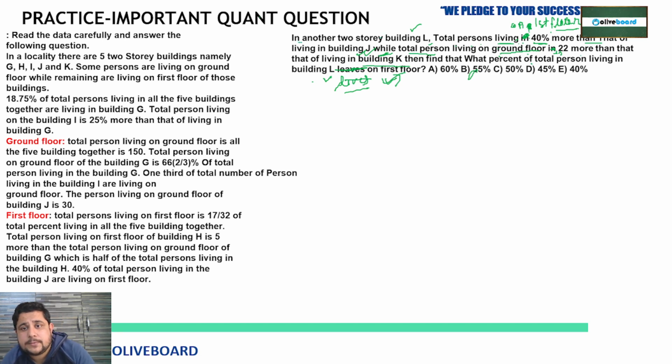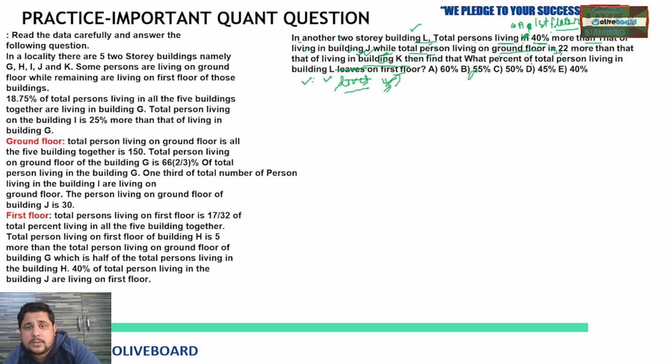See, in another two-story building L, total persons living on the first floor are 40% more than that of living in building J. While total persons living on the ground floor is 22 more than that living in building K. Then find what percent of total persons living in building L lives on the first floor.